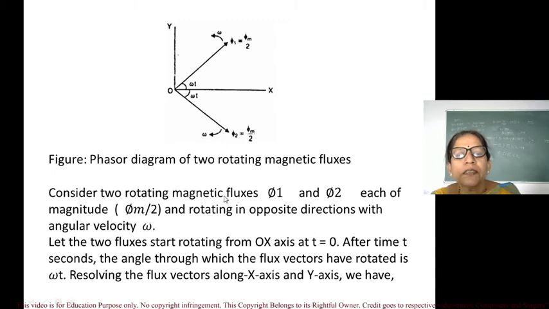So if we consider these two rotating fluxes phi 1 and phi 2, each having magnitude phi m by 2, and they are rotating in opposite direction with angular velocity omega. So at any instant t, the phase angle of the two fluxes will be same, but one will be rotating in clockwise direction, another will be rotating in anticlockwise direction. So we will see that one flux is in first quadrant, one flux is in fourth quadrant.